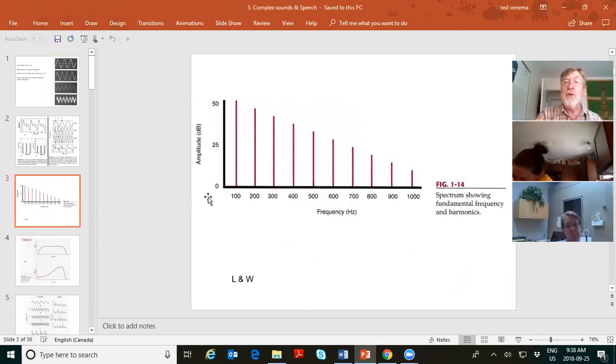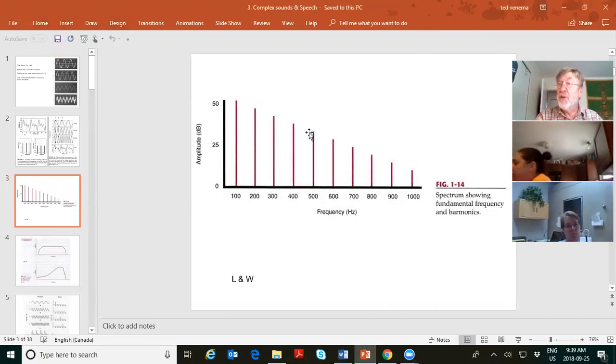Now look at this spectrum, and we'll look at some of its characteristics. It's saying that this complex sound that I'm circling has many different frequencies. In fact, it's got 10 different frequencies, and it's showing you exactly which ones: 100 hertz, 200, 300, 400, and you can also see that the amplitude is dropping.